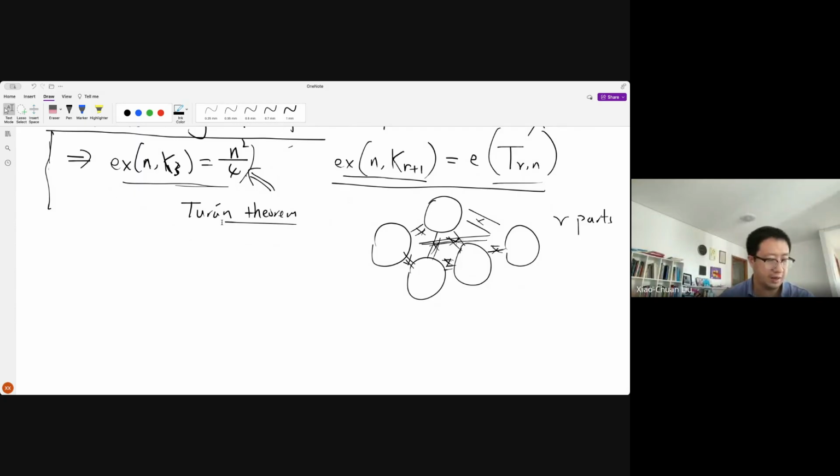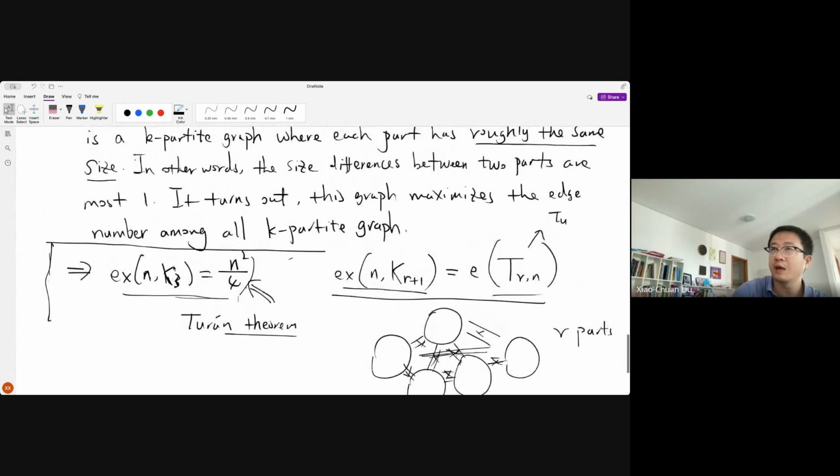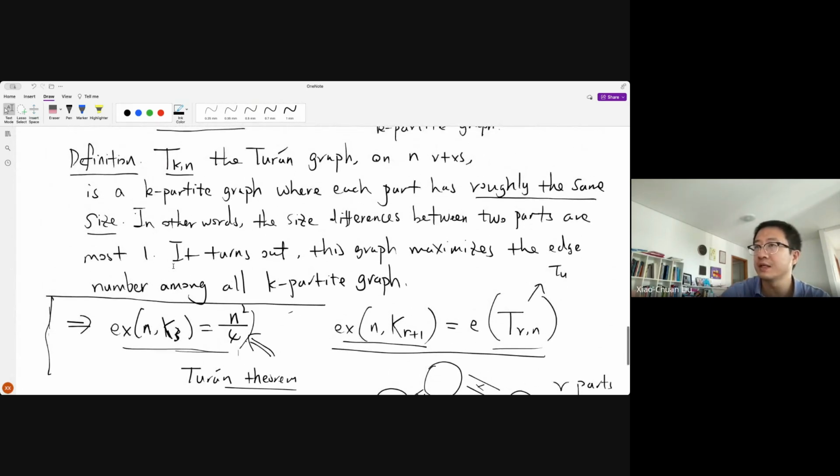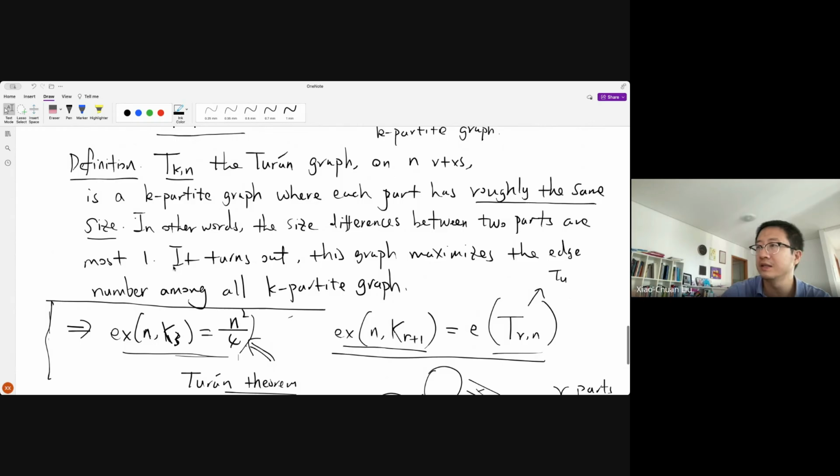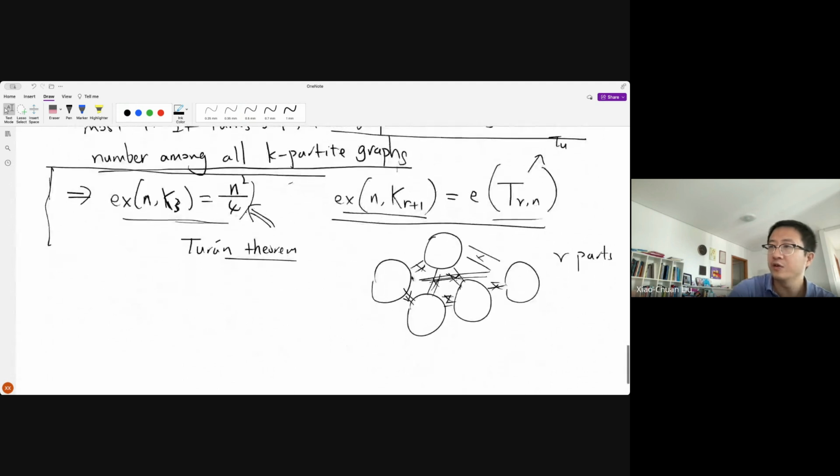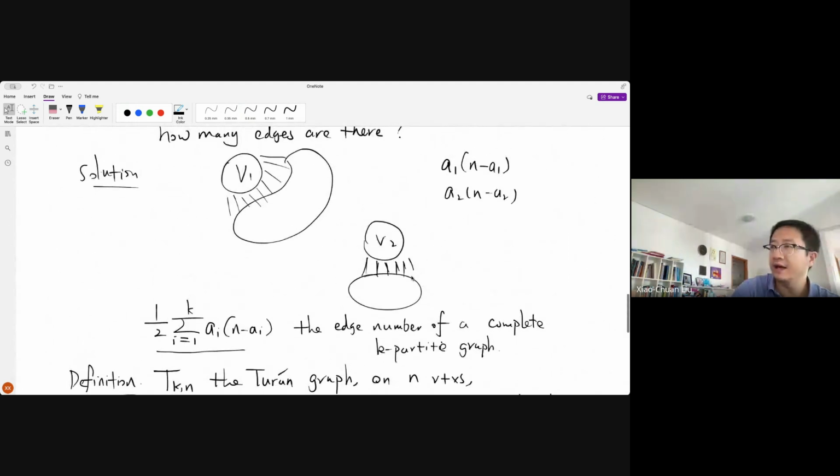Okay, so I wrote something more in my notes, but it's fine. So basically, here there's a claim. I'm saying that this graph maximizes the edge number among all k-partite graphs. So if you have a1 to ak like this, right? Let's write this expression.